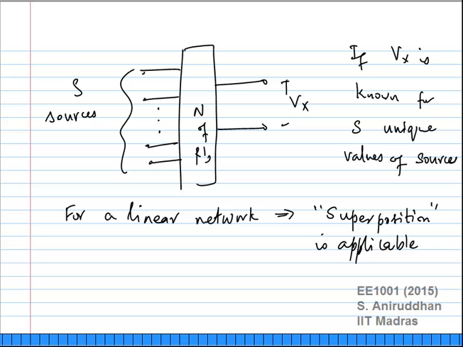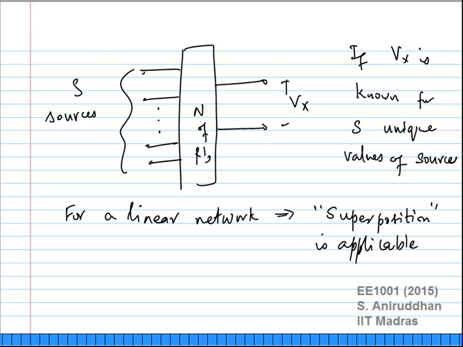So this particular property, the linearity property, leads to a principle called the superposition principle. You can apply each one of these K sources, in this case S sources, in turn and find out the voltage or current of interest and then add them all together. That will give you the overall voltage or current that you are interested in.